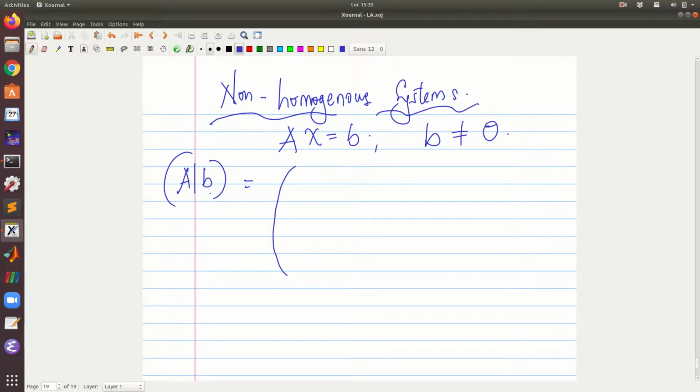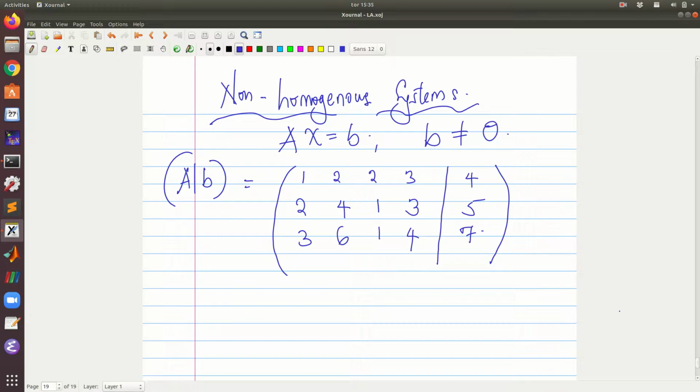However, since b is non-zero, we have to write the augmented system. So the augmented system goes as follows: 1 2 2 3, and then on the right hand side we have 4. Then 2 4 1 3 5, and then 3 6 1 4 and 7.